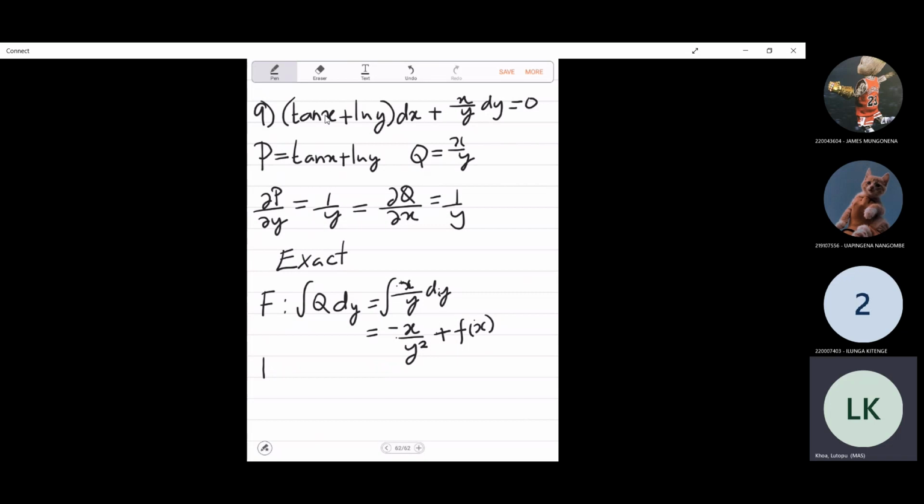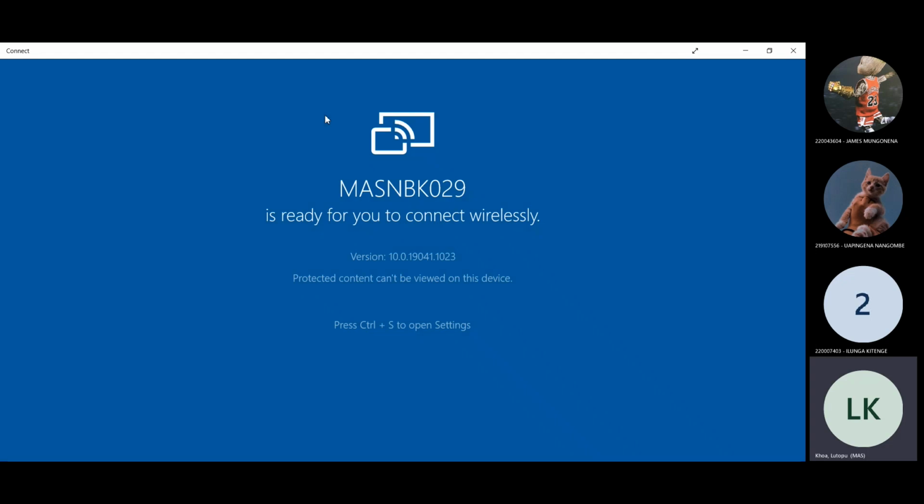Okay, sorry, I don't know what I'm doing now. That is not how we integrate. I differentiated actually instead of integrating. Okay, let me just disconnect it and see if it will come back.